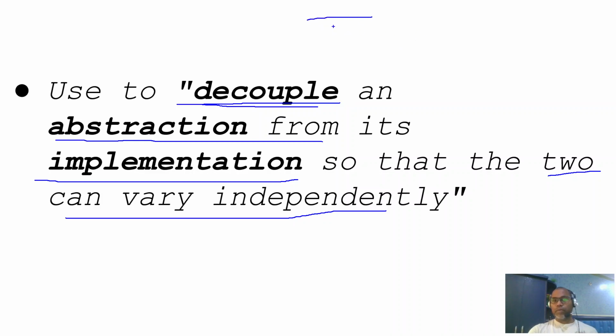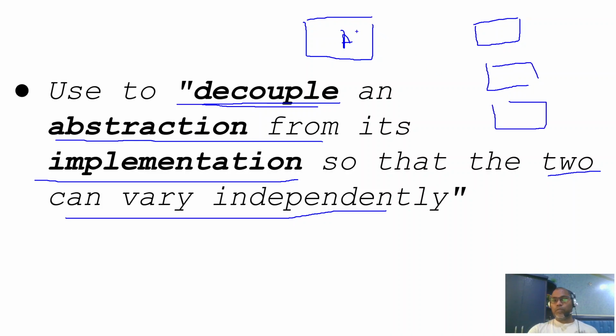Abstractions, maybe this is the one, an abstraction, and it has a list of implementations. So the abstraction has a list of implementations. In this case, let's say this is the client.